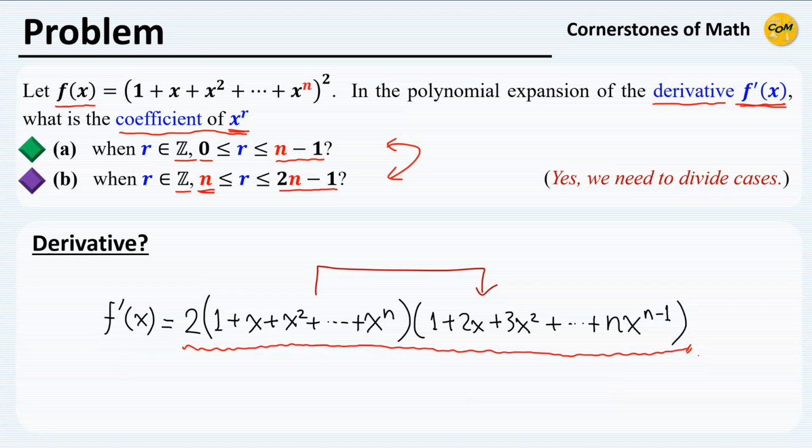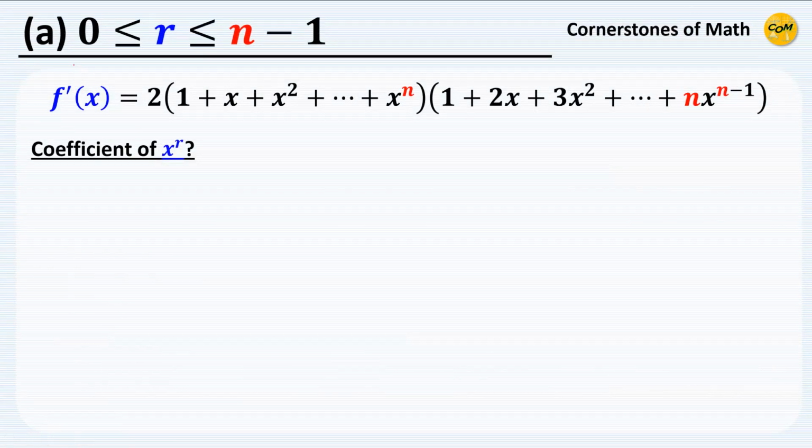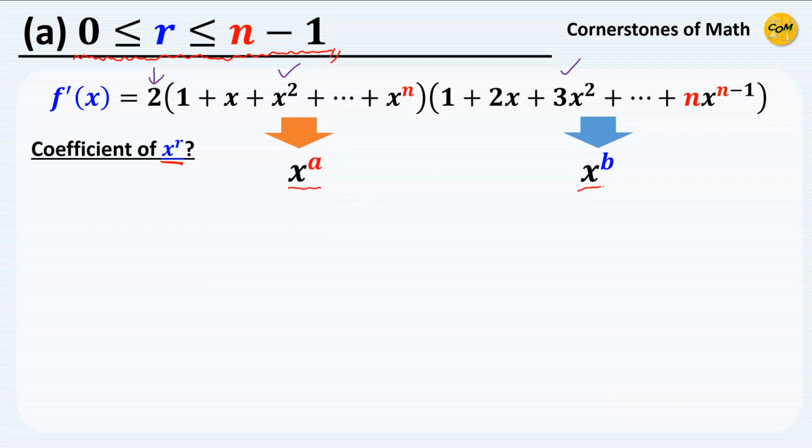So now with this obtained derivative, let us address the first case where the degree r can have values from 0 to n minus 1. Aside from this 2 at the front, there are two polynomial factors. To make the x^r term, consider choosing the x^a term from the first factor and the x^b term from the second factor.